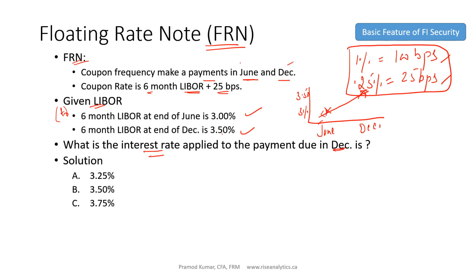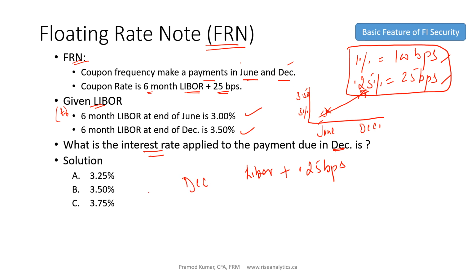If I am here right now, what is my interest rate in December? Can you guess what it will be? The interest rate applied at the end of December will be my coupon, which means the LIBOR plus 25 bips, 0.25%.